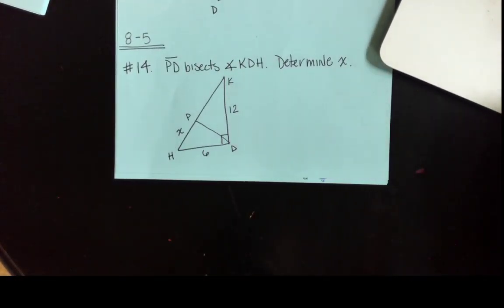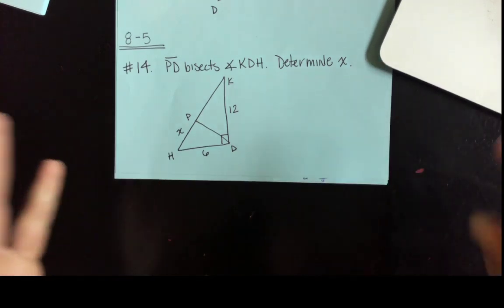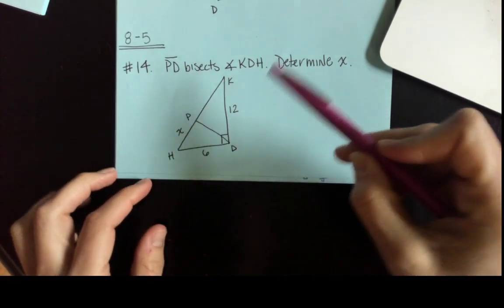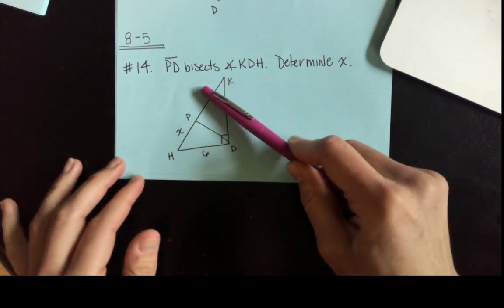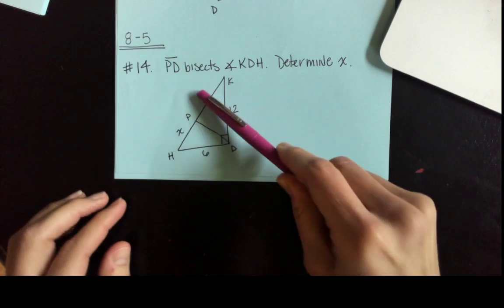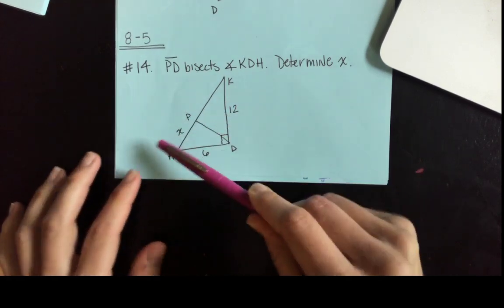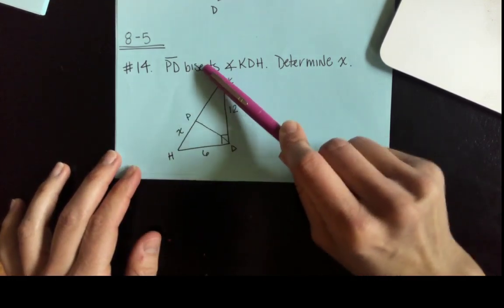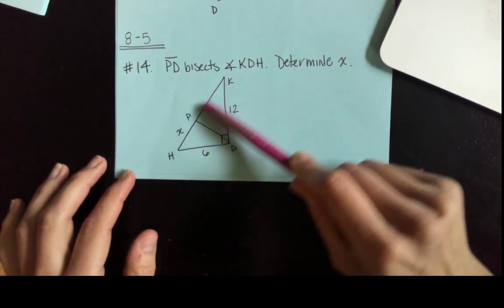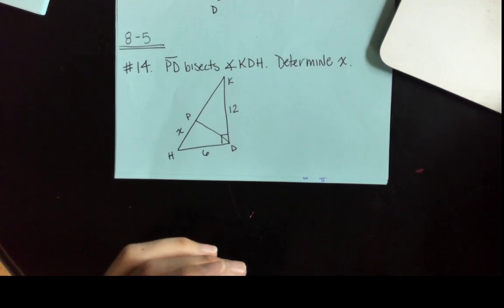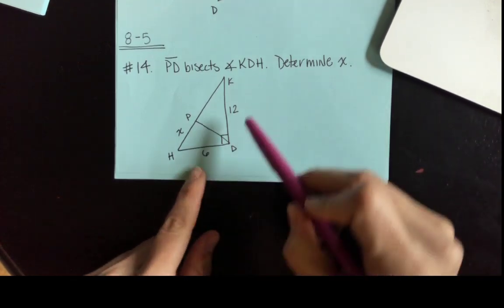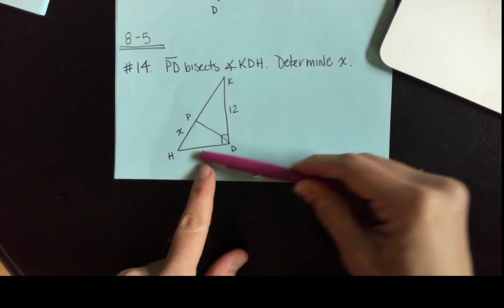We don't really think about this because the problem is talking about our angle bisector. So we're looking to go 12 to 6 and then this piece to X. The problem is we don't know what this piece is, and we don't have the full length to do subtraction to find this piece, because that's what we talked about a lot last week. So we need to make sure we're paying attention to the fact that we have a right triangle.